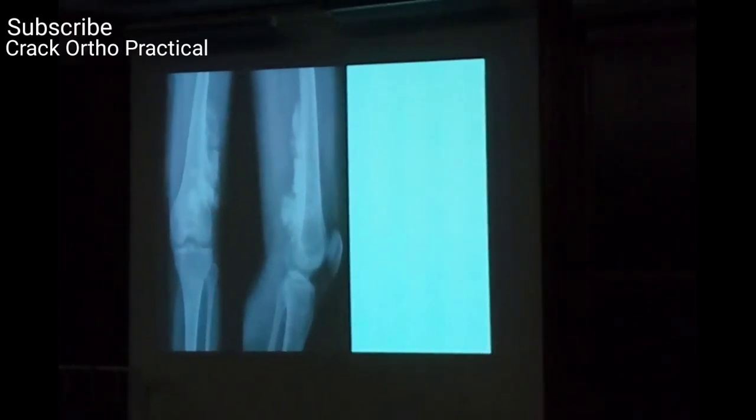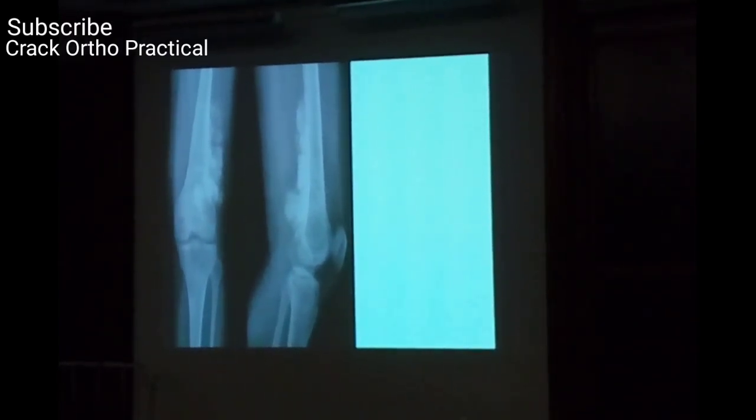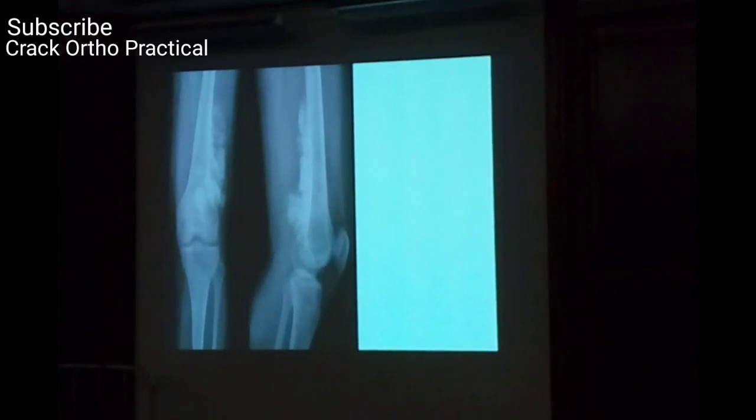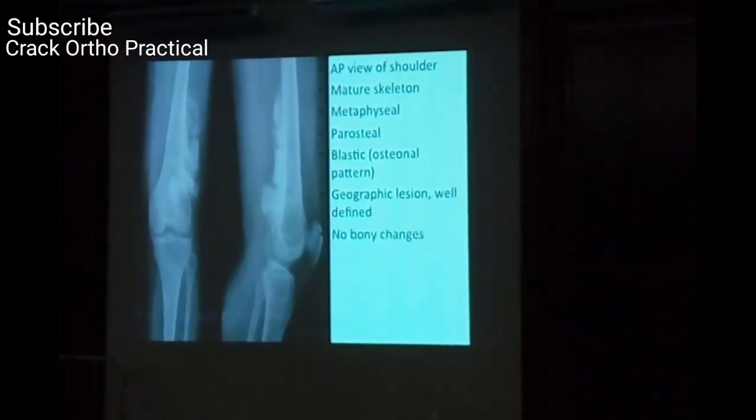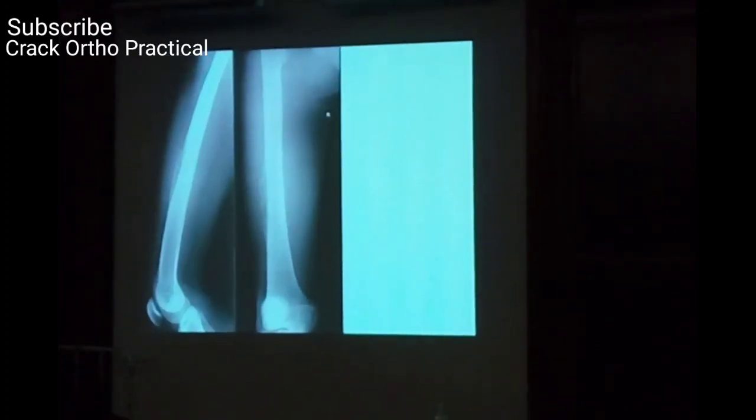So go like that. Don't jump on sunburst appearance or Codman's triangle first and then describe that. Next.